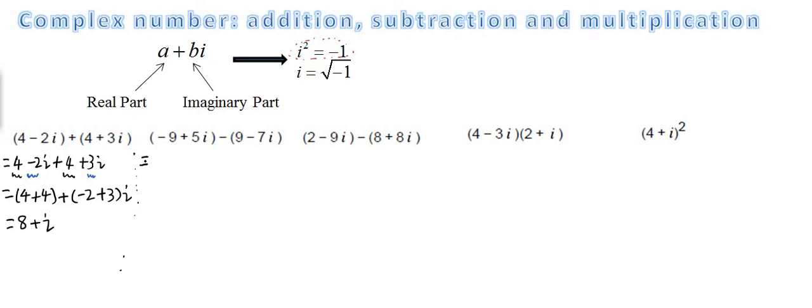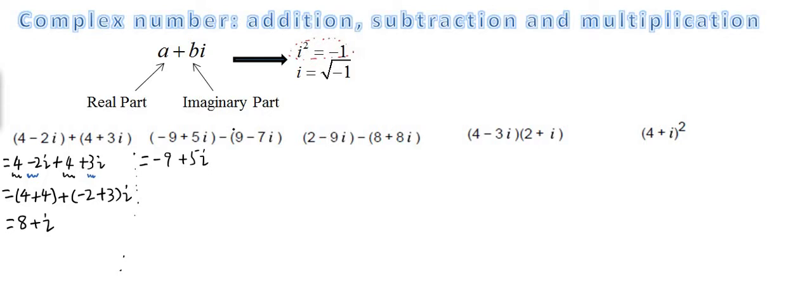Now let's take a look at the subtraction. Still the first step, we're gonna remove all the round brackets. For the first complex number, we know here is positive, and for the second complex number, 9 minus 7i, we have a negative sign, so that means we're gonna change the sign of all the terms inside this bracket, to the opposite sign.